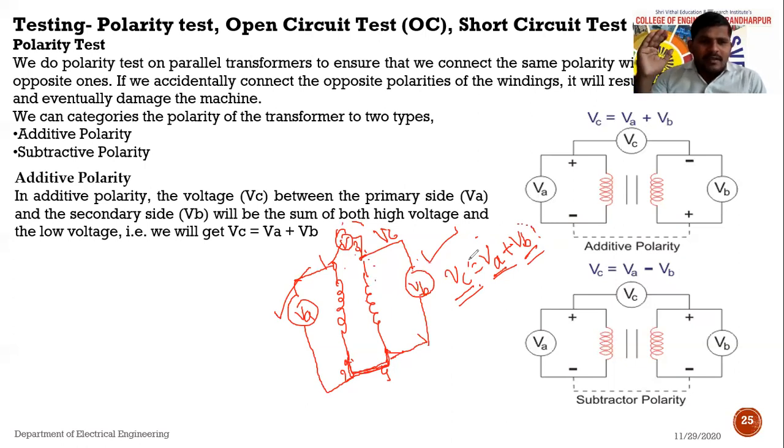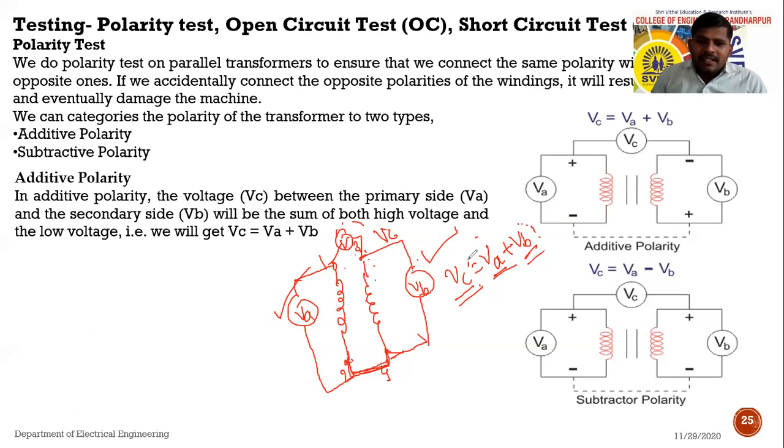That means the voltage obtained at the voltmeter connected between these two terminals is the sum of VA and VB. Then we call it additive polarity, right?